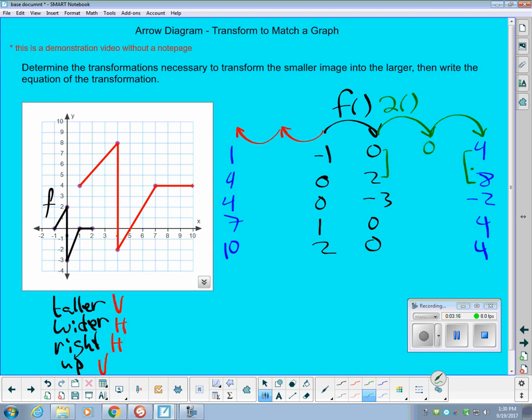So that'll give me a 0, a 4, a -6, a 0, and a 0. And then I can see that's my make it taller part. And then 0 to 4, if I added 4 to everything over here, all of that would change this list of numbers into this list of numbers.